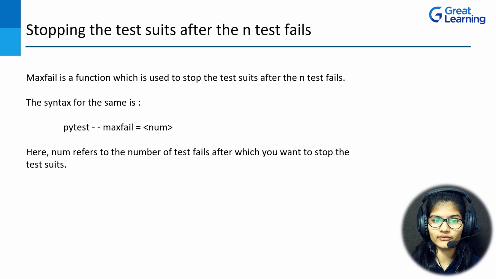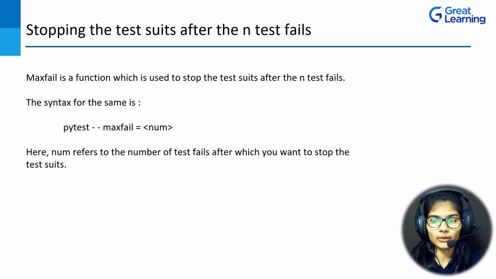So the syntax for the same is pytest, double dash, then the function I told you, maxfail, equal to, inside angular brackets, you put the number after which you want to stop your test run.